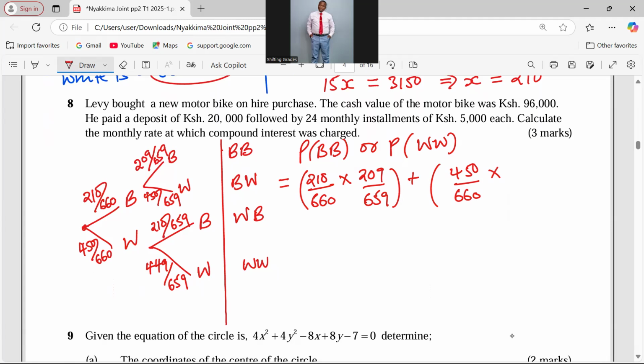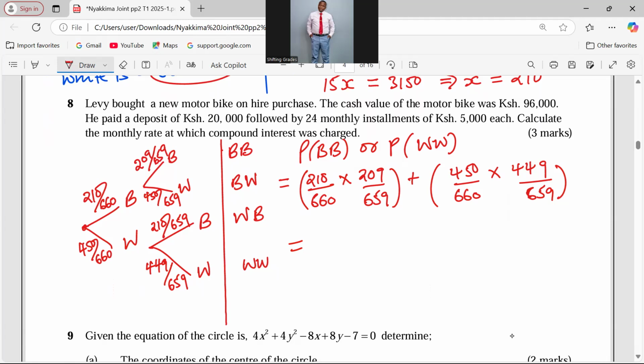So 450 over 660 multiplied by 449 out of 659. So this is something which can be computed very quickly. 210 over 660 multiplied by 209 over 659 plus 450 over 660 multiplied by 449 over 659.